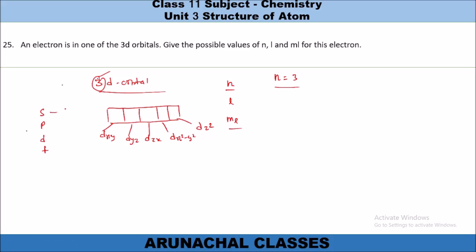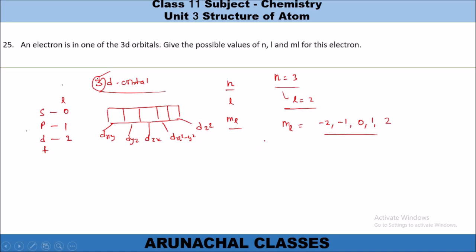When s orbital is there, L value is 0. When p orbital is there, L value is 1. When d orbital is there, L value is 2. So it is 3D orbital, which means the L value is 2. Now when L value is 2, the possible magnetic quantum numbers will be -2, -1, 0, 1 and 2. So in this way we will solve this question.